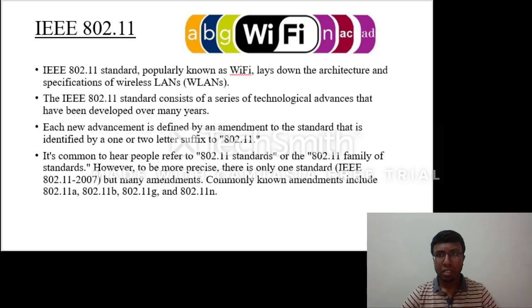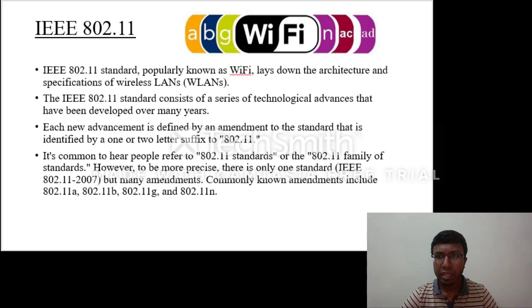Each new advancement is defined by an amendment to the standard that is identified by a one or two letter suffix to 802.11. It is common to hear people refer to the 802.11 standard or the 802.11 family of standards.